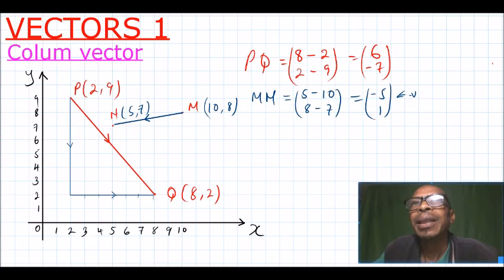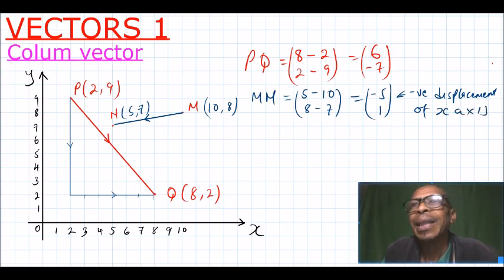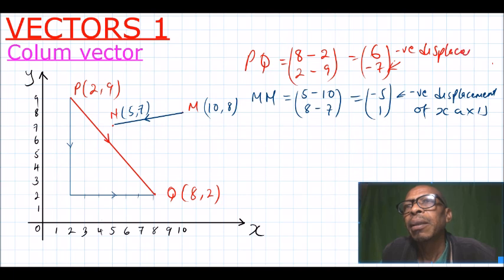That is a negative displacement of x on the x-axis. Now the other one is negative in the y-axis.